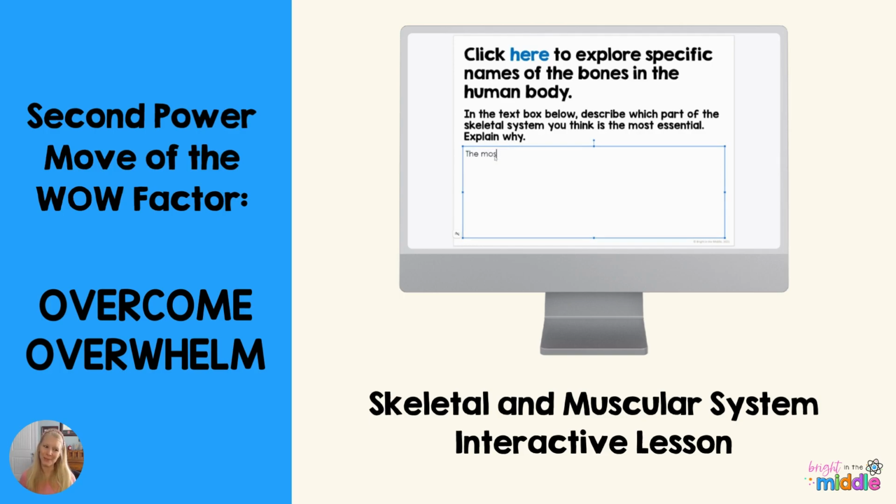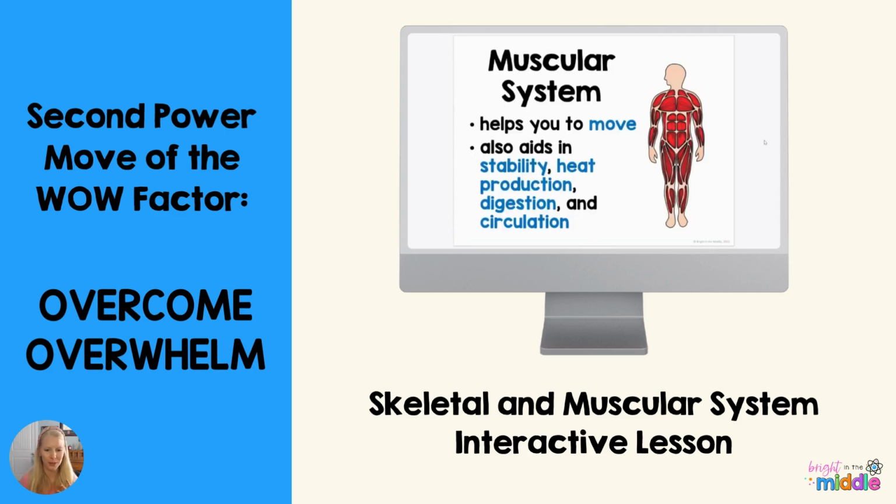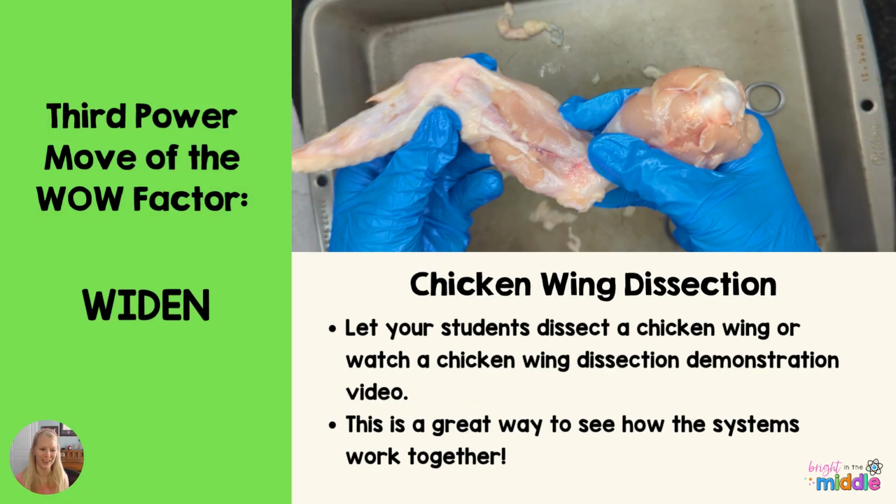So, last but not least, after you have given them wonder and they're curious, you have taught them the lesson, you can now widen their knowledge. And one of my favorite things to do when teaching about the skeletal and muscular system is to dissect a chicken wing. And I know this is not feasible in all classrooms. I understand that.